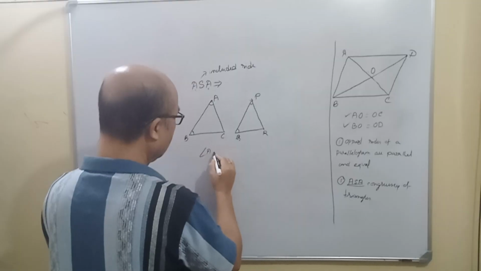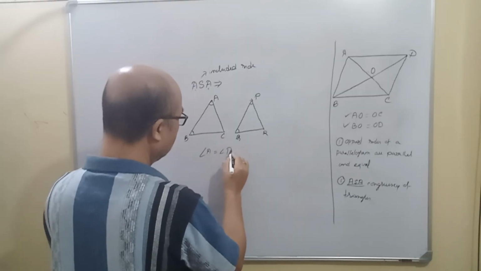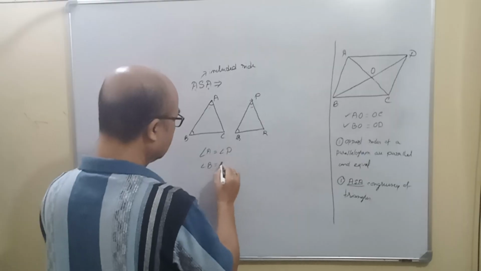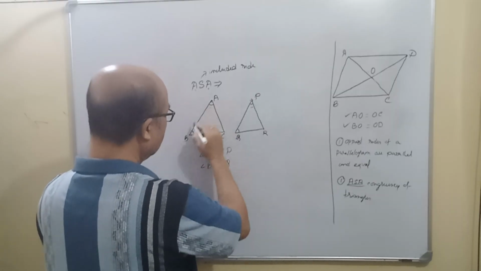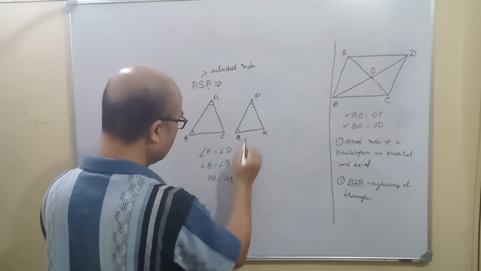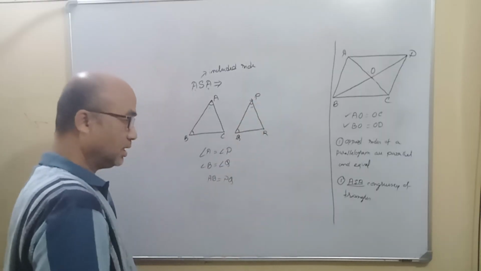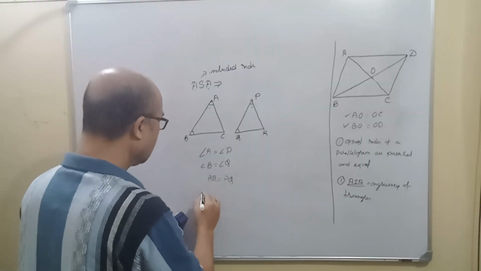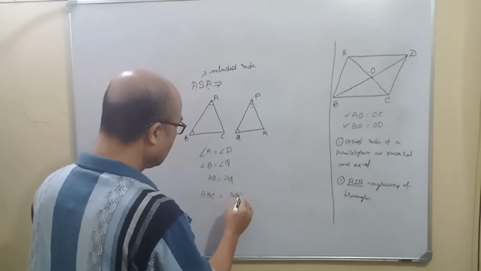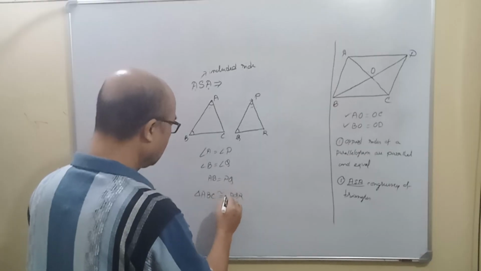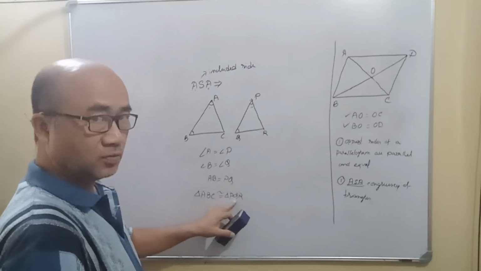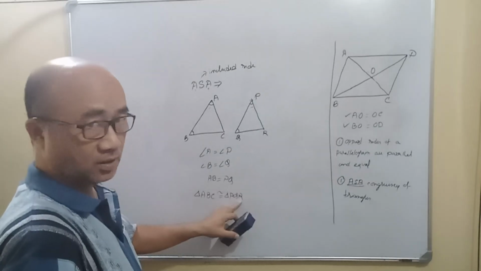So if angle A is equal to angle P, and angle B is equal to angle Q, and the included side AB is equal to PQ, then triangle ABC is congruent with triangle PQR.